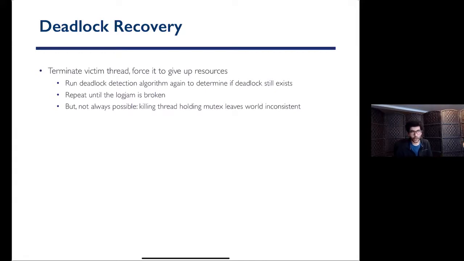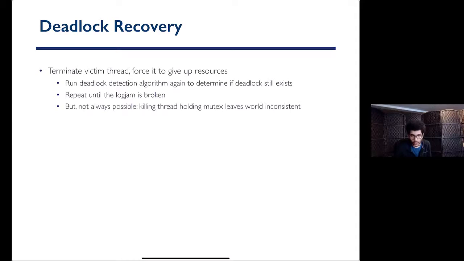Now, if there is no single thread that terminating could help the system get out of the deadlock, then you can just start terminating one by one until we can get out of deadlock. So in that case, you will have to choose multiple victims.